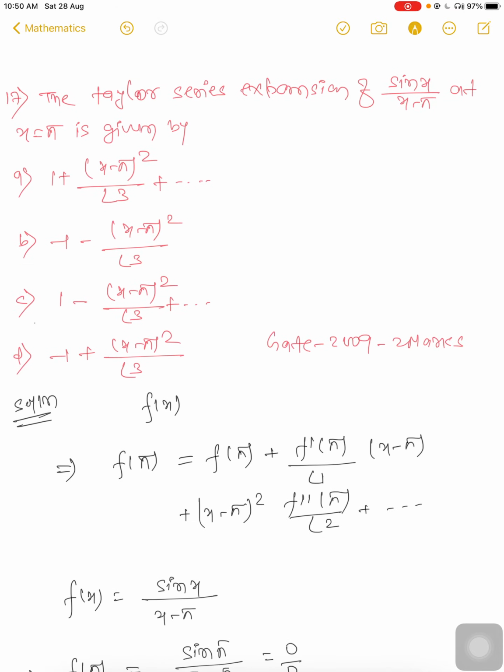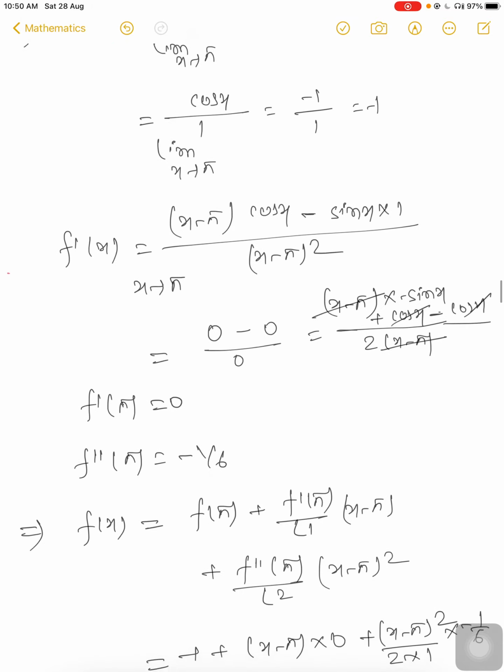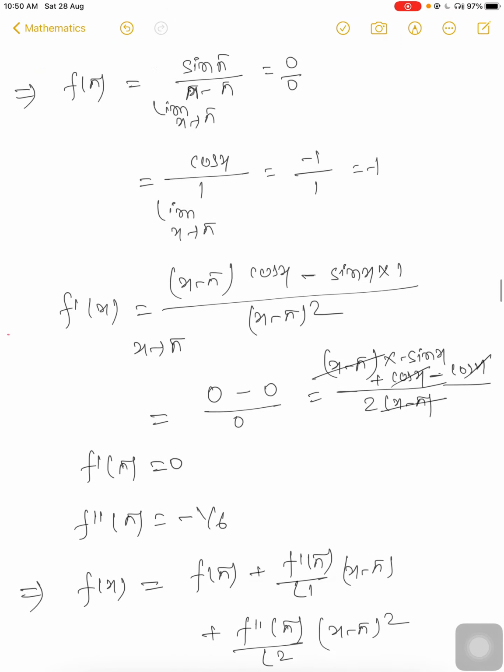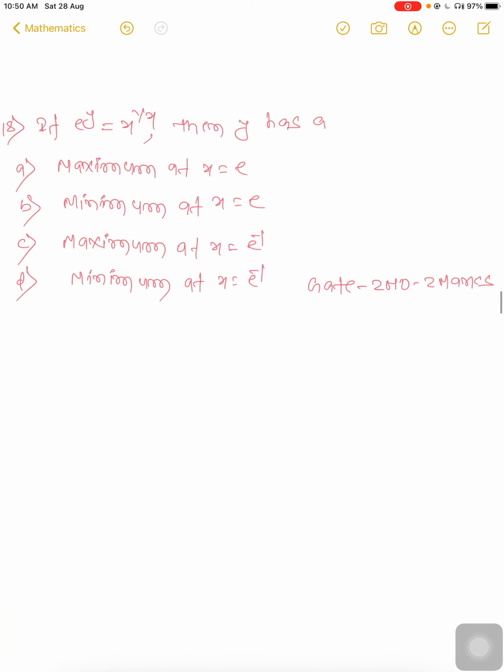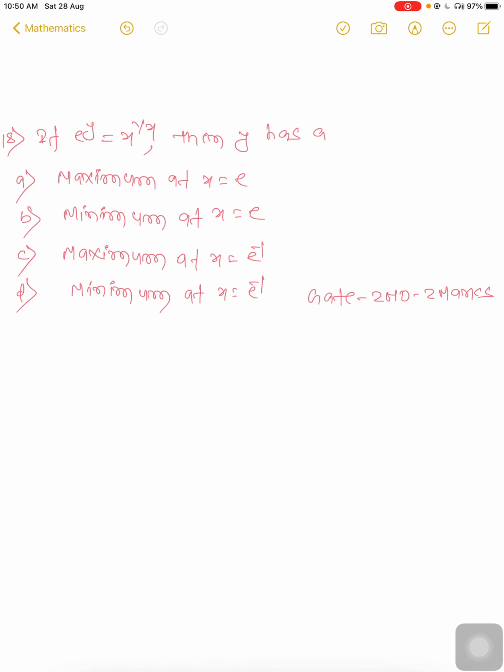We can write factorial 3 also, no problem. So option B will be the right answer.